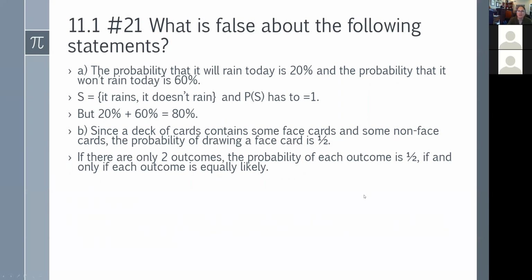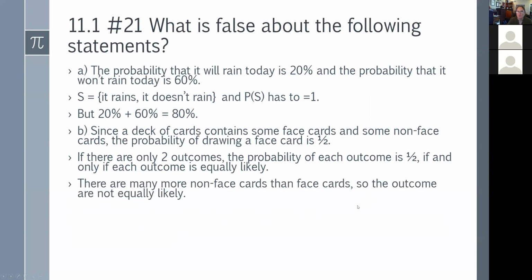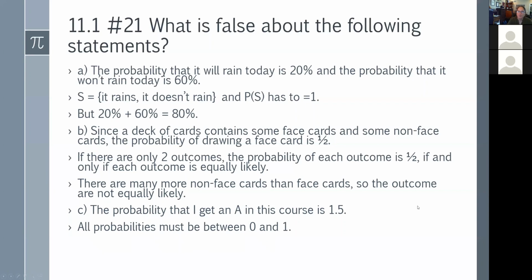And I don't think these two outcomes are equally likely. There are many more non-face cards than face cards, so the outcomes are not equally likely. Part C, the probability that I get an A in this course is 1.5. All probabilities have to be between 0 and 1. You can never have a probability that's larger than 1.